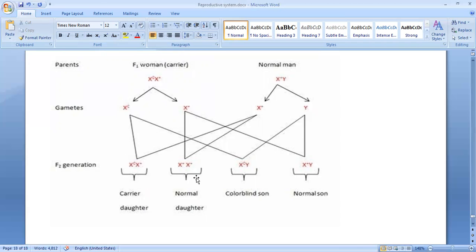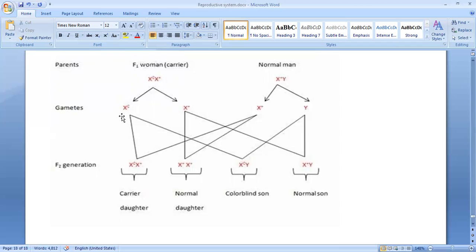Now what will happen to the other daughter? This X star of the woman and the X star of the man. So X star and X star means there is no gene for color blindness there. So this will be a daughter who has normal vision. Now, what is the other option?